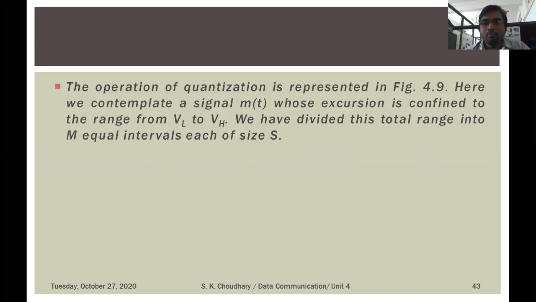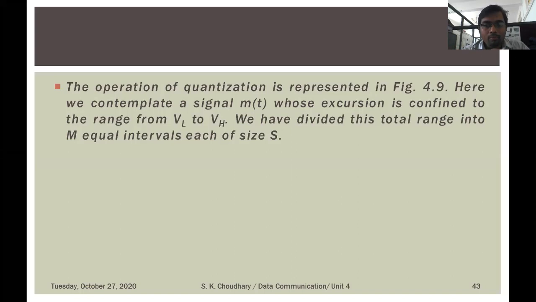Here we contemplate a signal m(t) whose excursion is confined to the range from VL to VH. So now we take an arbitrary message signal, a time varying analog signal, and we start the quantization of this signal. For that purpose, we are required to fix its minimum and maximum levels. Here they are considered as VL to VH.